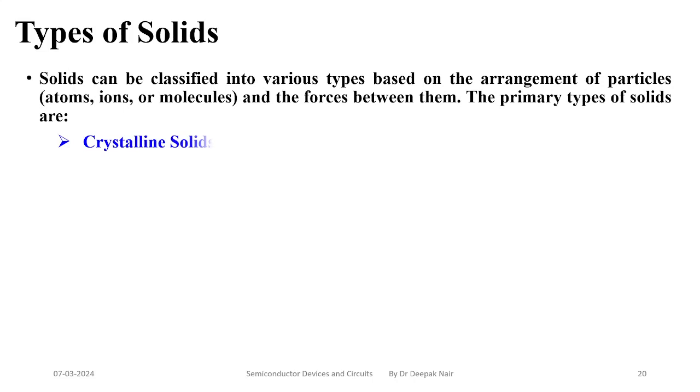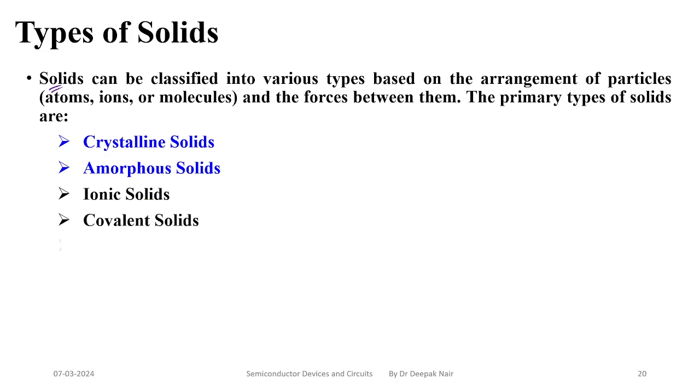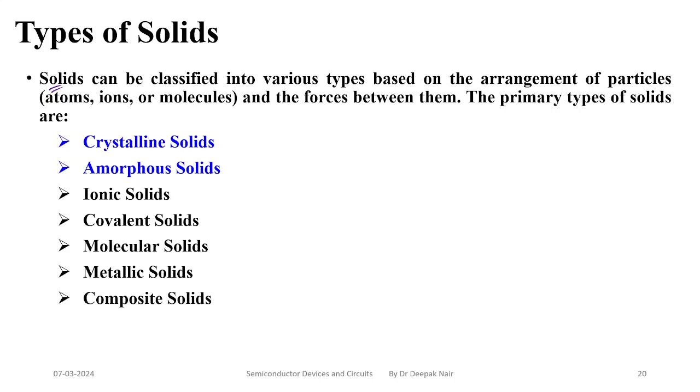So now coming to the types of solids. Remember, in nature, we can have materials in three different states: solid, liquid, and gas. Here we are focusing on the types of solids.